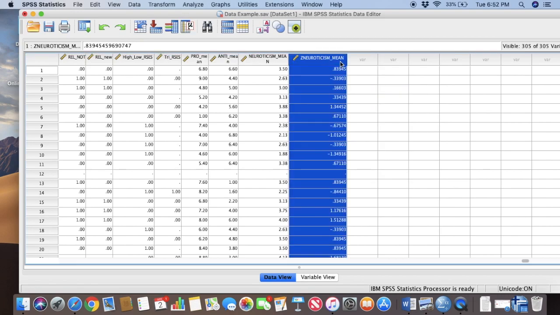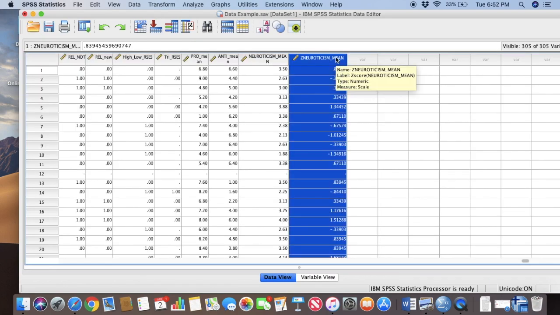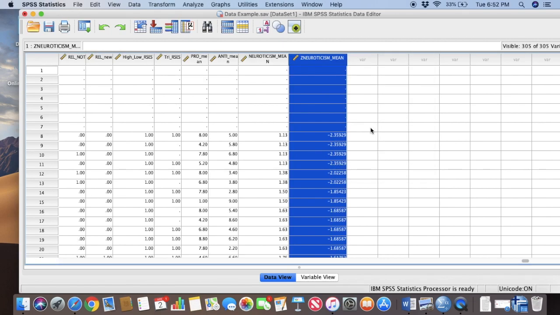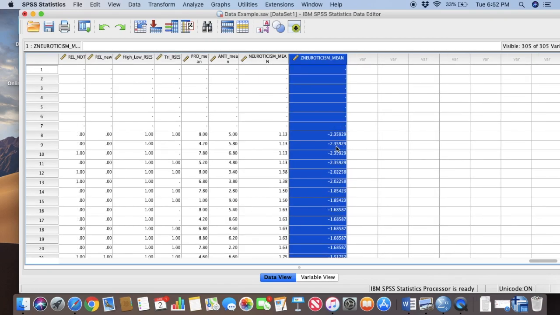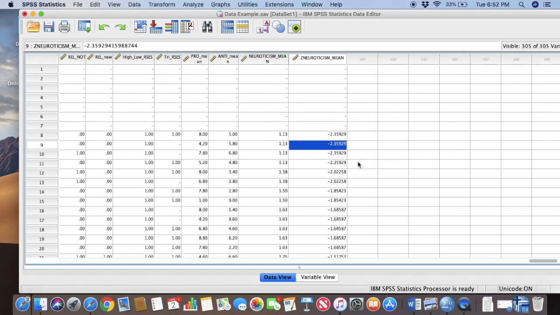So it looks like SPSS is a little buggy when it comes to sorting. And again, I'm using a Mac, so if you're using a PC, it might work better for you. There you go, so it eventually worked. Just right-click, sort ascending. Okay, so recall the z-score definition for identifying outliers.